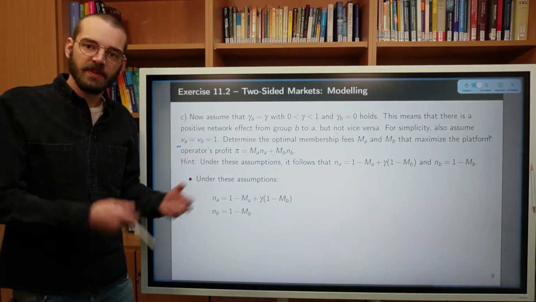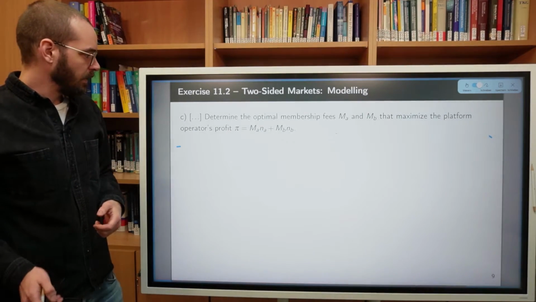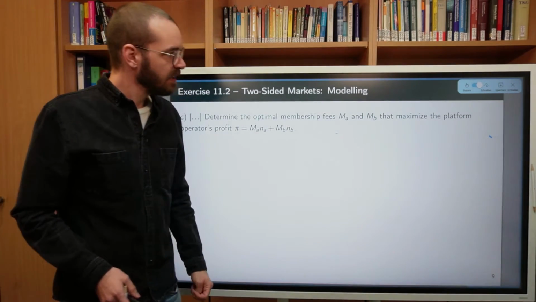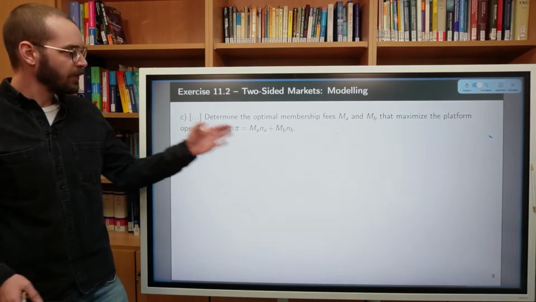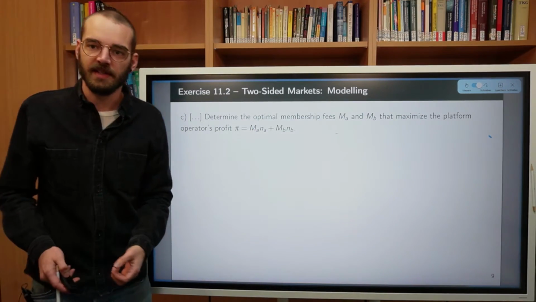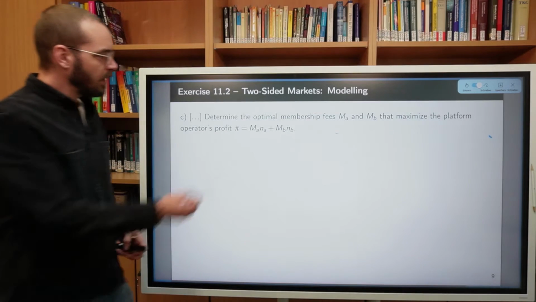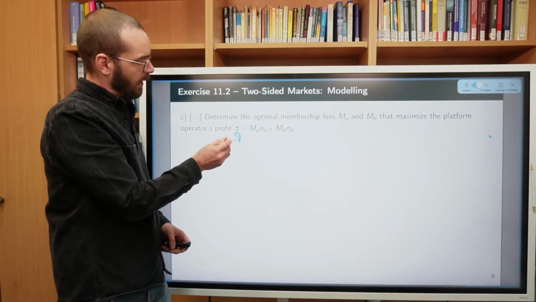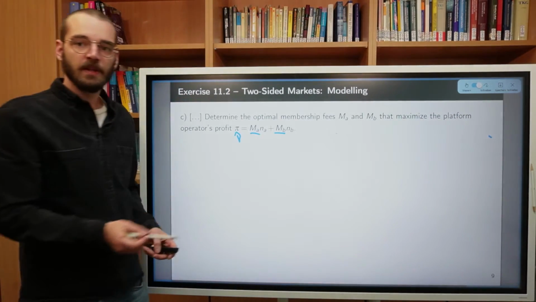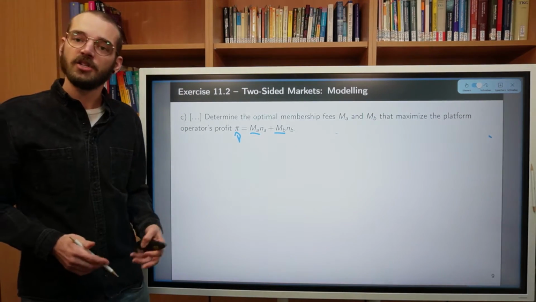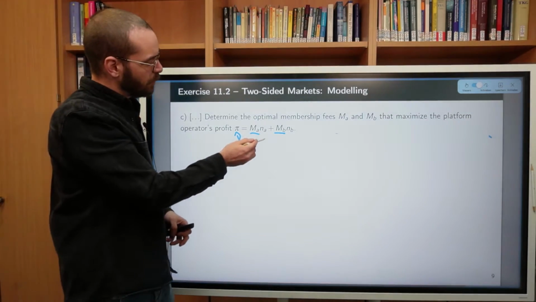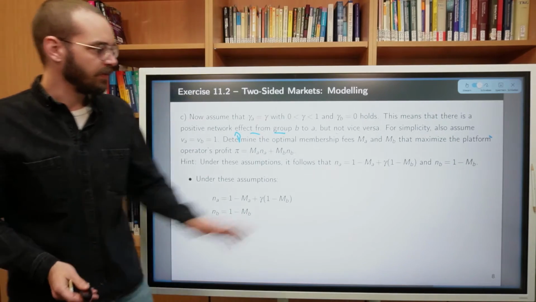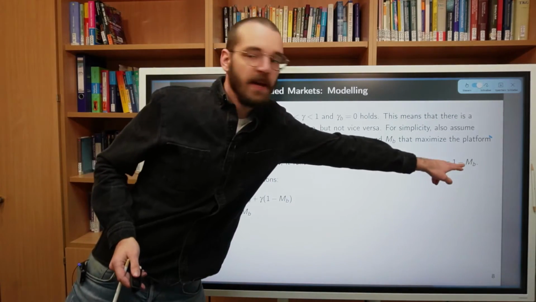We are now asked to determine the optimal membership fees MA and MB that maximize the platform operator's profits, and the profit function is given as well. So we want to maximize the profits by choosing MA and MB, which are our strategic variables. And of course we know that NA and NB are functions of MA and MB respectively.